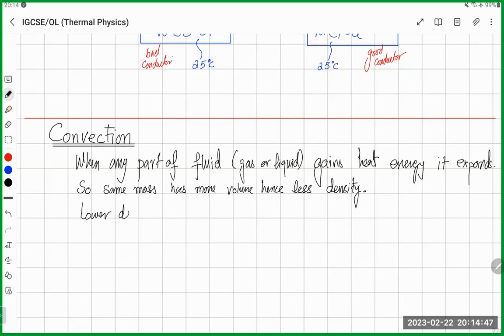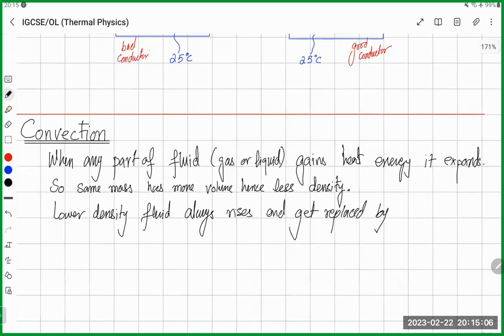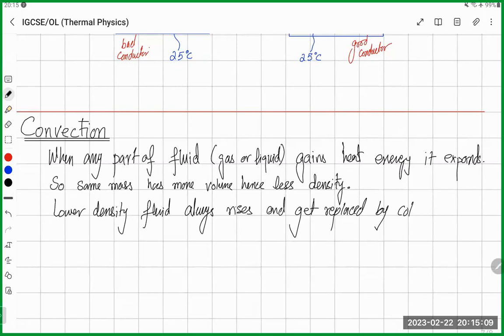Lower density fluid always rises and gets replaced by comparatively colder fluid, because cold fluid will be denser and hot fluid will be less dense, it will be lighter.